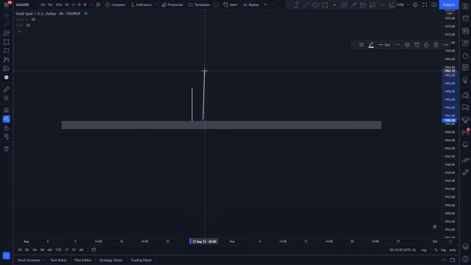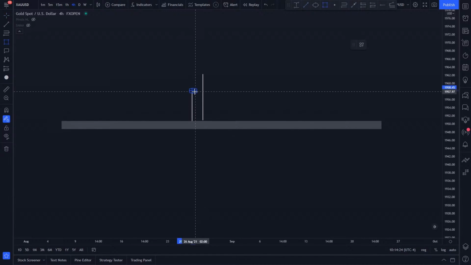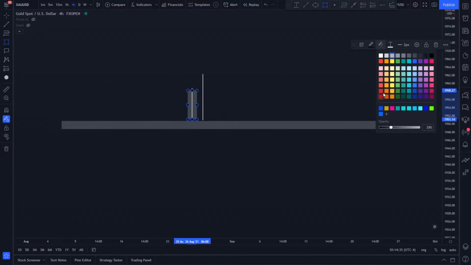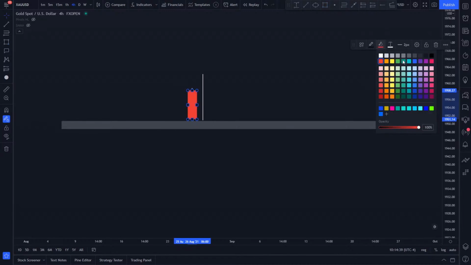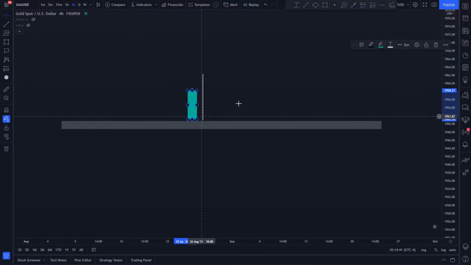So we have a bearish candle, right? We have a bearish candle right at our zone. I'm trying to draw this out better. There we go. So we have a bearish candle here. Go ahead and mark it up. And then we have our bullish engulfing. Draw out our next candle here, right?